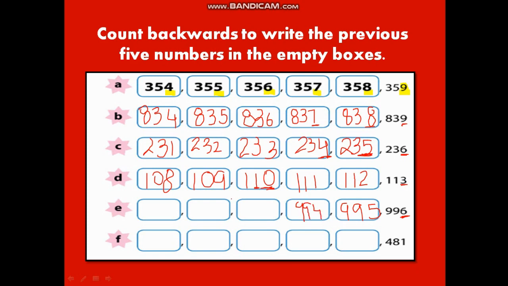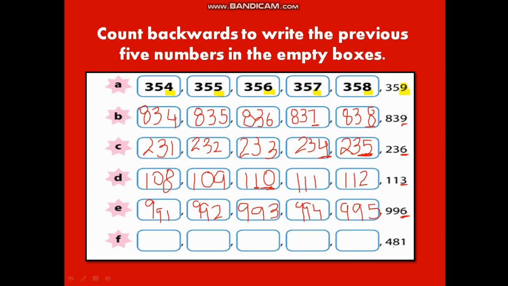I know I am not writing in good handwriting, but this is how I can write. 993. Next one. 992. Then 991. Yippee! I'm sure you have done it before me.